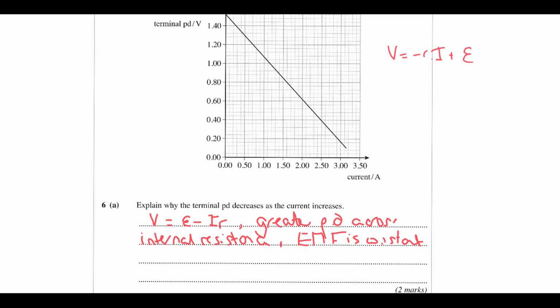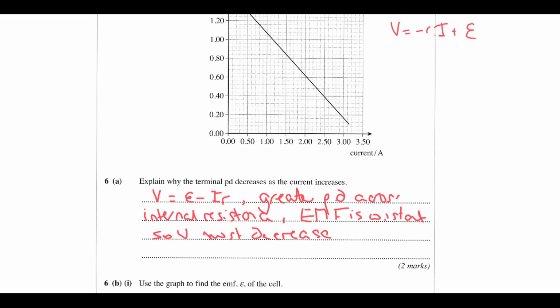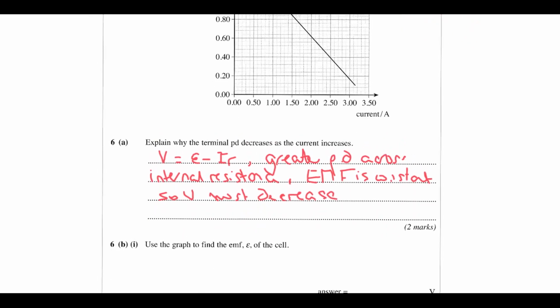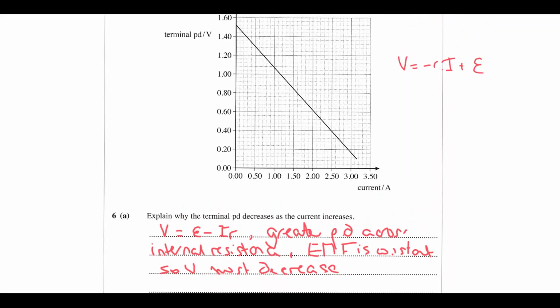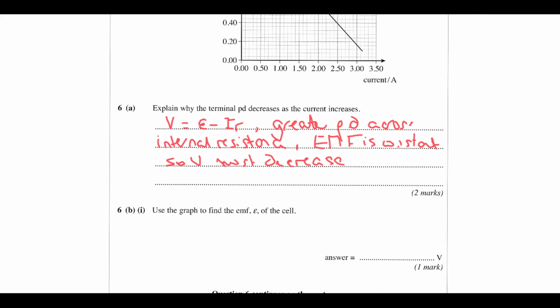So therefore, V must decrease. And if we think about that practically, if we increase the current, what we must have done is decrease the external resistance there. We're going to use the graph to find the EMF, so that's the y-intercept, which is going to be, as I said earlier, 1.52 there.